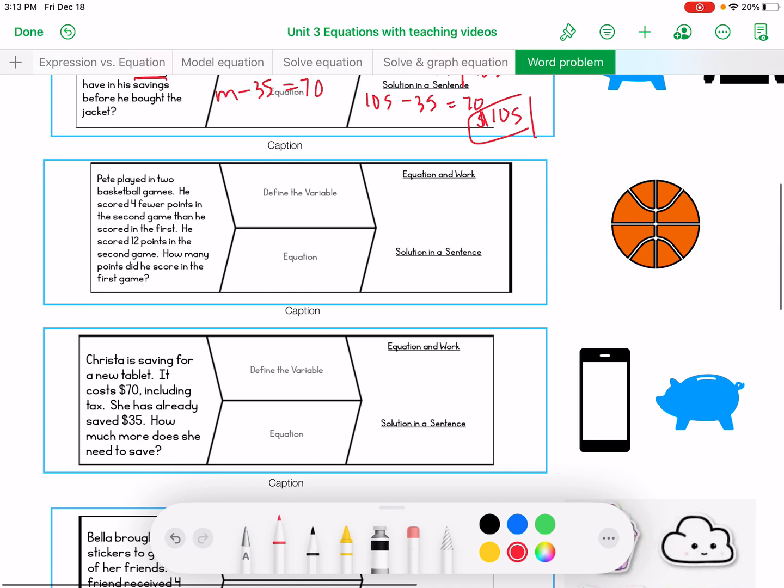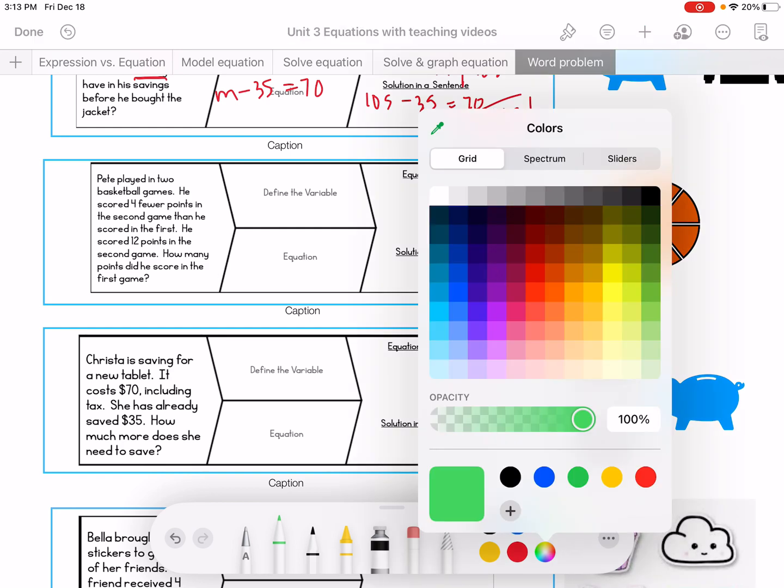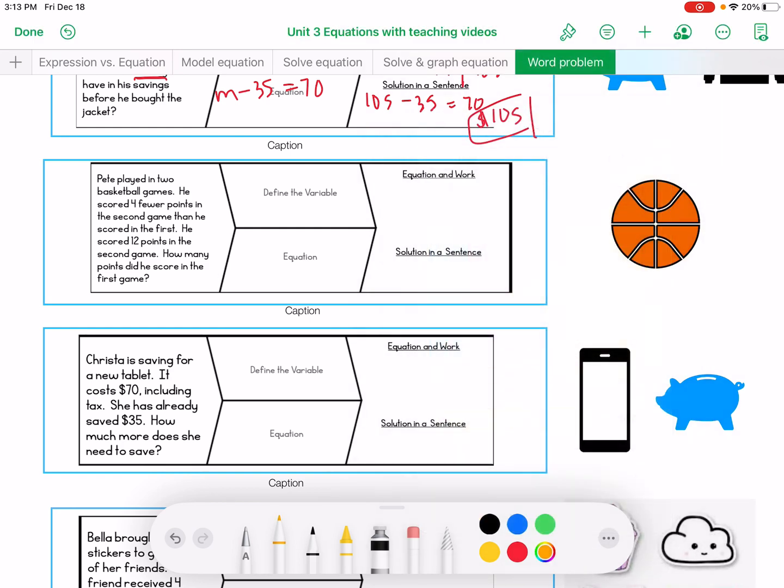Our next one. Pete played in 2 basketball games. He scored 4 fewer points. Fewer means minus 4 in the second game than he did in the first. He scored 12 points in the second game.